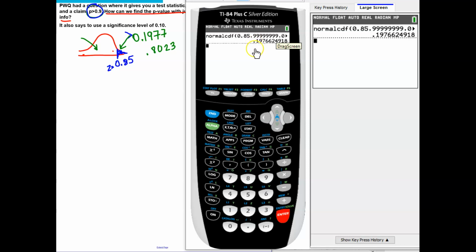Here's our p-value, 0.19766, and we rounded to 4 decimal places. Depending on what the program is asking, if the program is asking you to round to 3 decimal places, then you round this value and the value that you found from the distribution table to 3 decimal places.